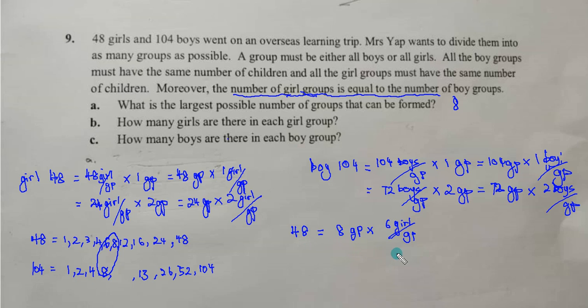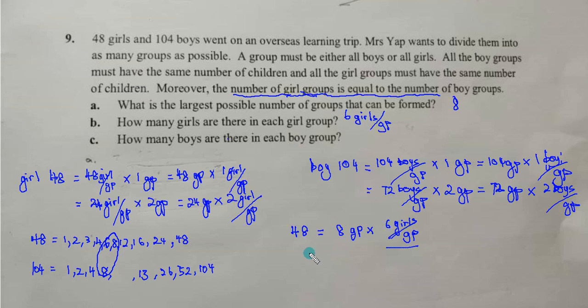So the answer in this case for the girls would be 6 girls per group.